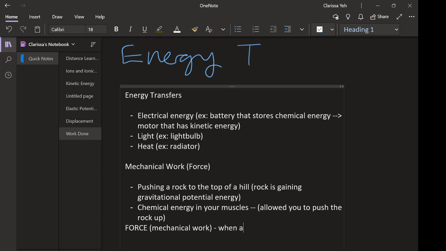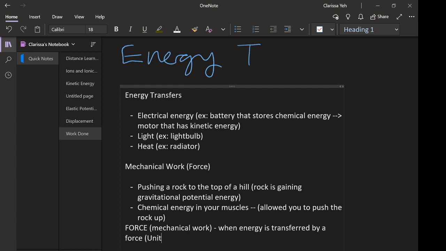Basically, when energy is transferred by a force, by a push or a pull. And remember the unit of force you would have learned back in Key Stage 3.